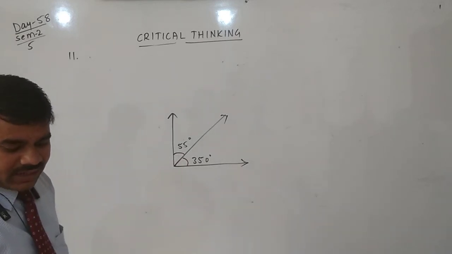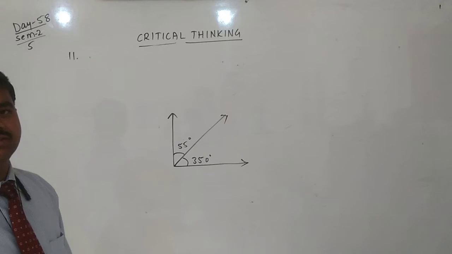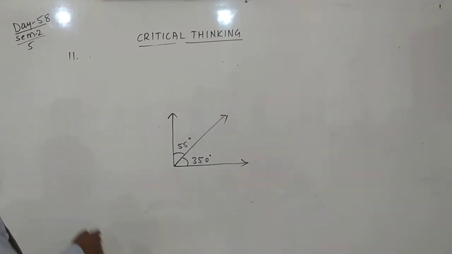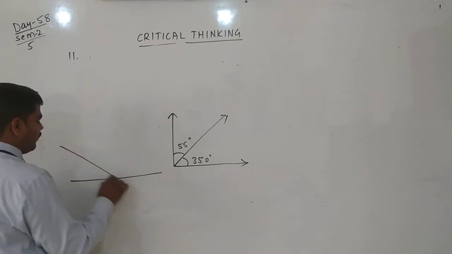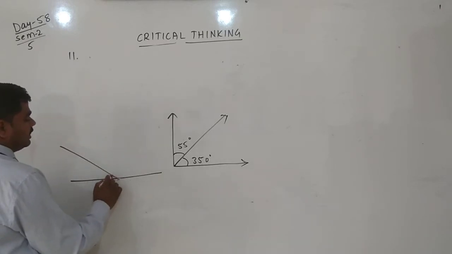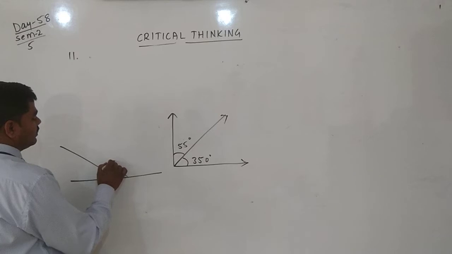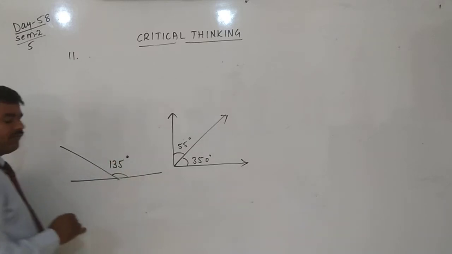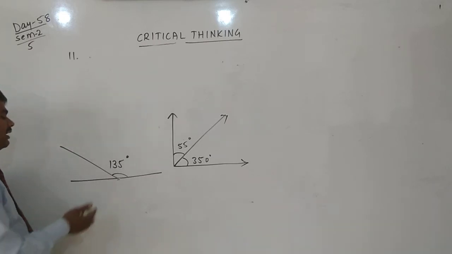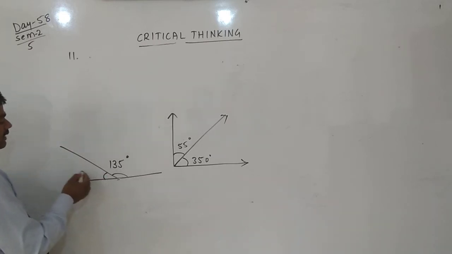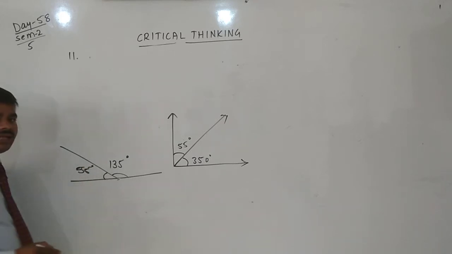Does every angle have a complement? No. Here we can take 135 degrees. There is no complement angle for this; we can only write a supplement angle, that is 45 degrees.